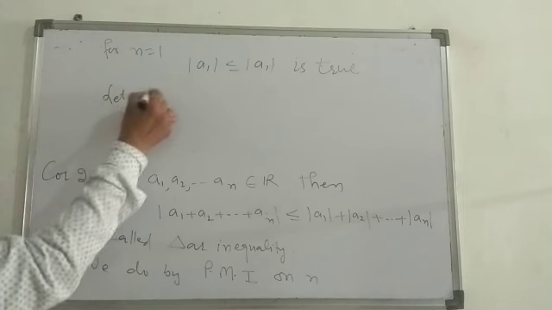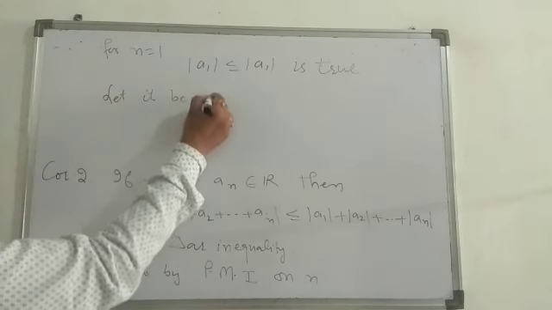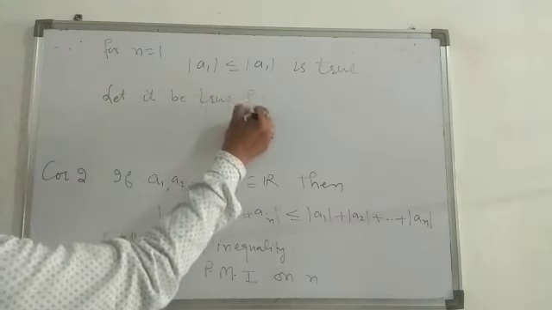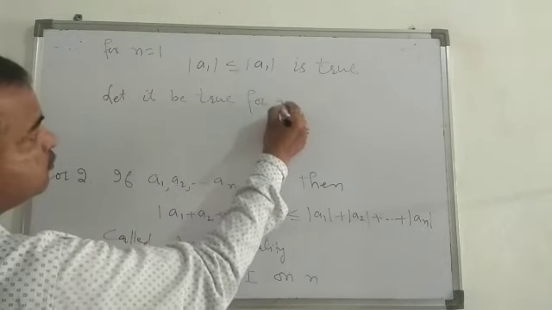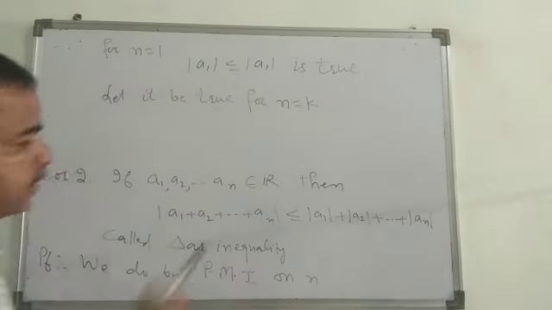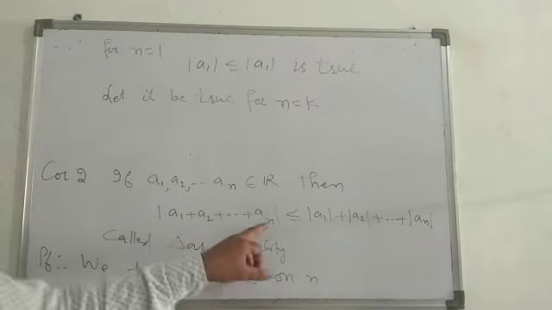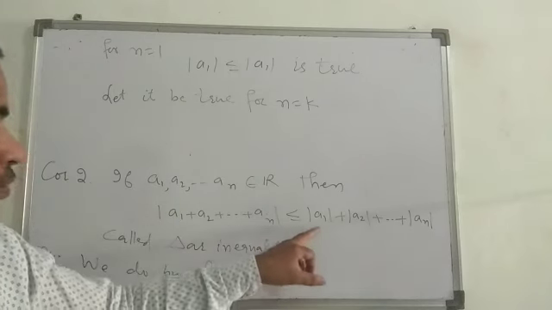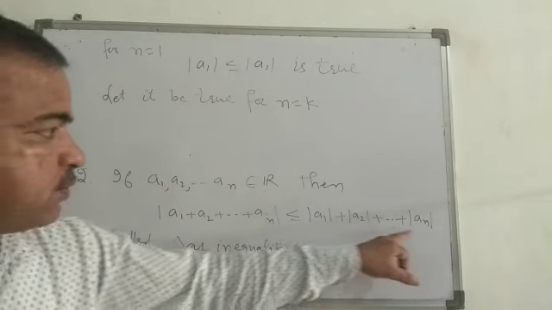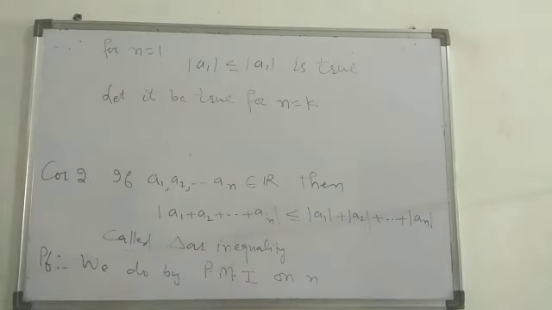Let it be true for n equal to k. We have to show that |a1 + a2 + ... + an| is less than or equal to |a1| + |a2| + ... + |an|, called the triangular inequality. This is an extension of theorem 10.